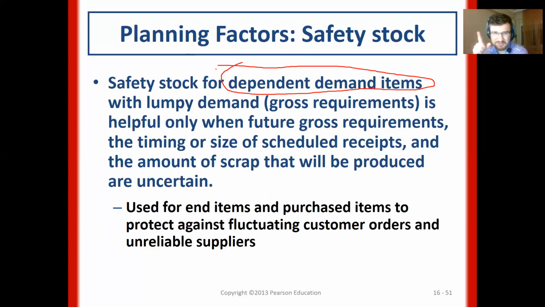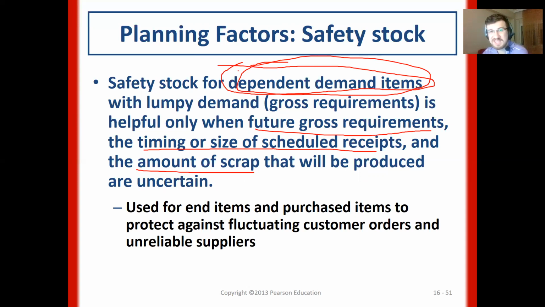However, if there is an uncertainty in future gross requirements or lead time or size of the scheduled receipts or the amount of scrap that will be produced for dependent demand items, then you may consider additional safety stock for your dependent demand items.